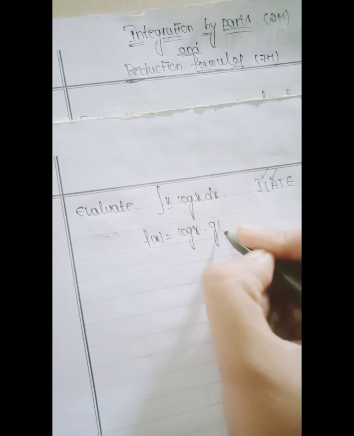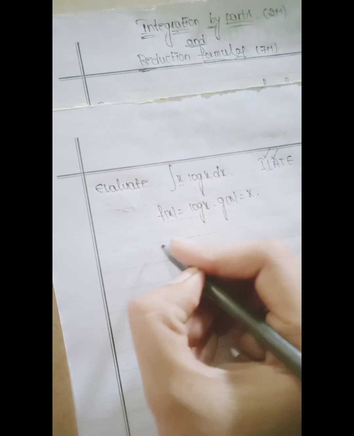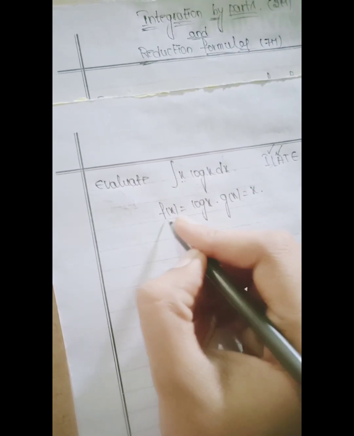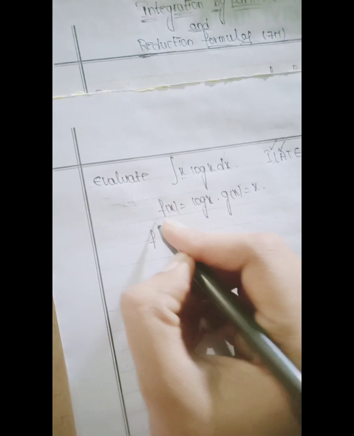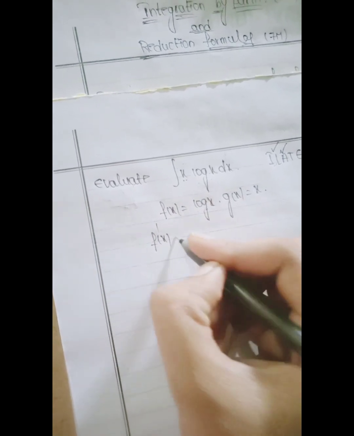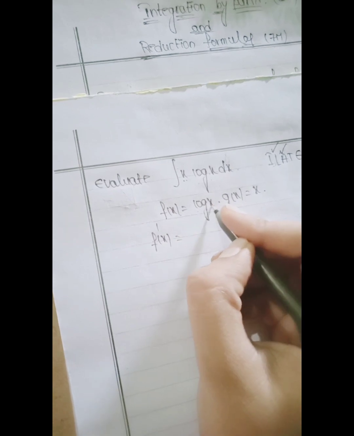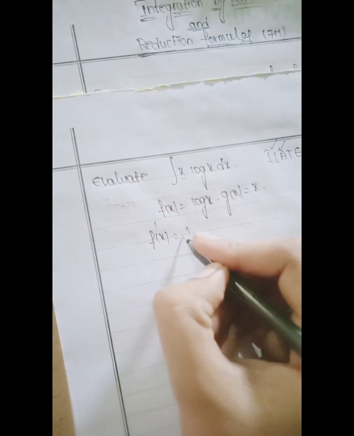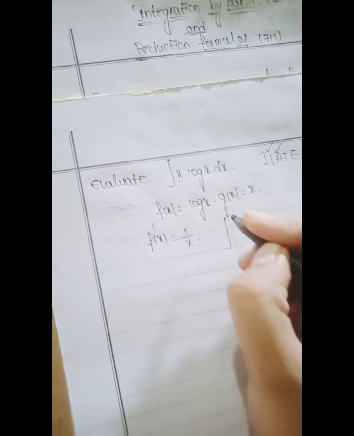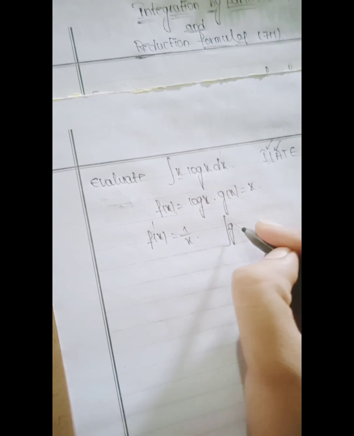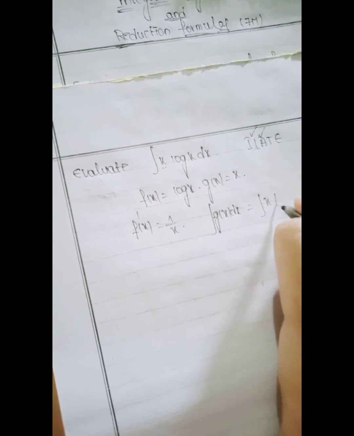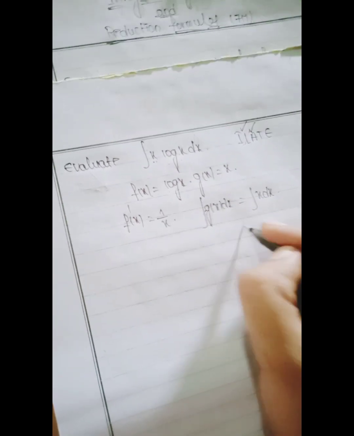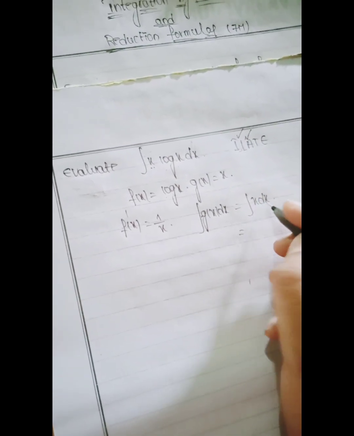Differentiating with respect to x on both sides, f dash of x is d by dx of log x, which is 1 by x. Integrating g of x, integral x dx is x square by 2.